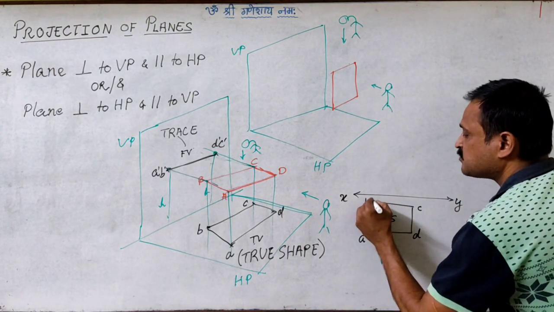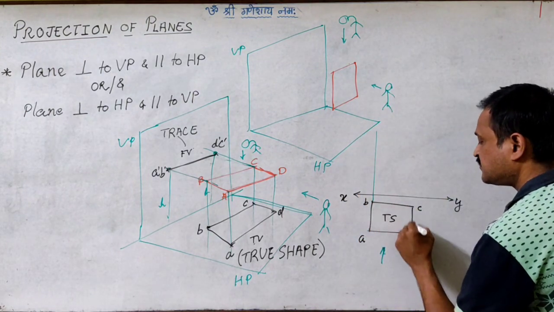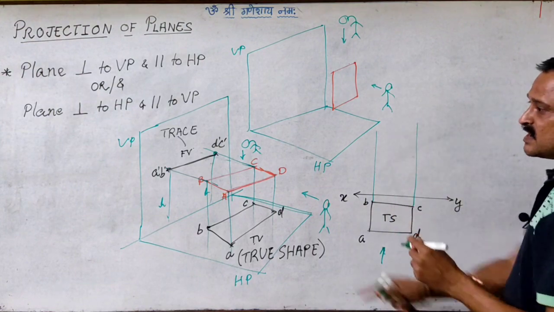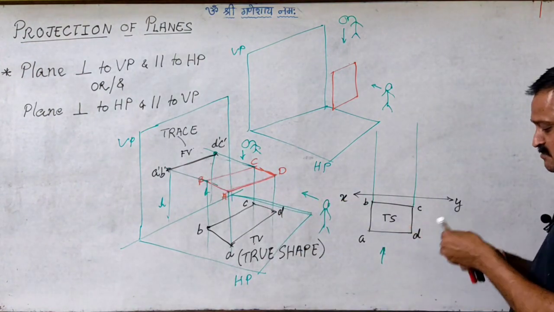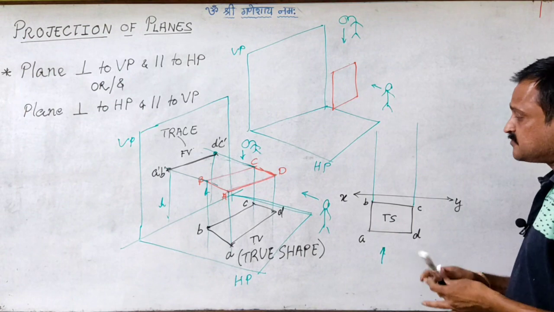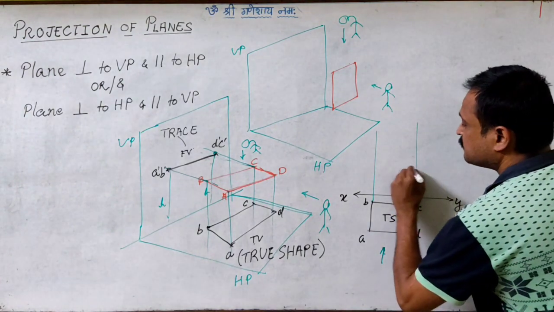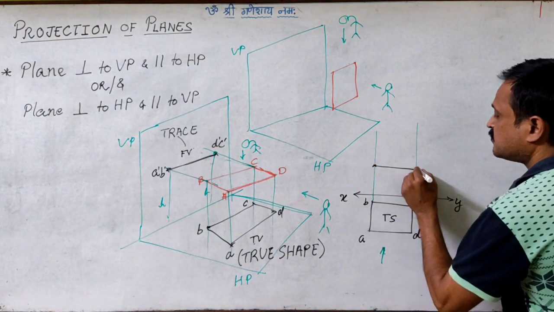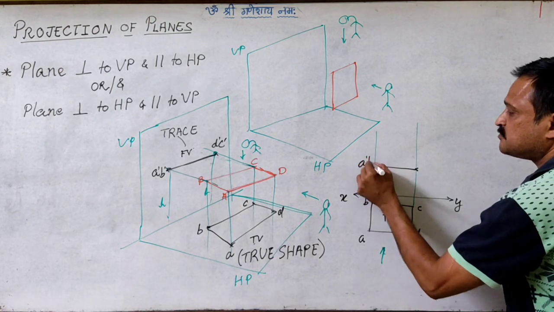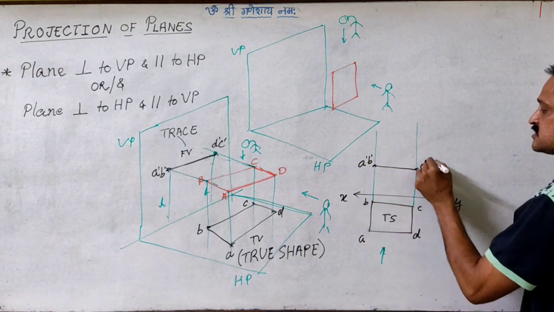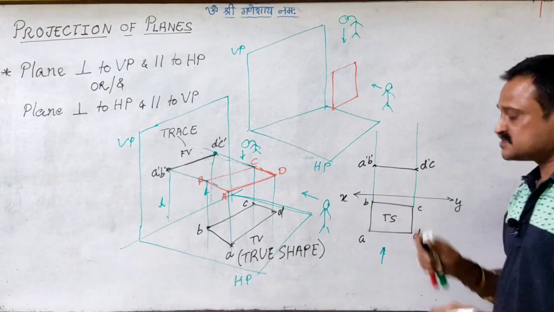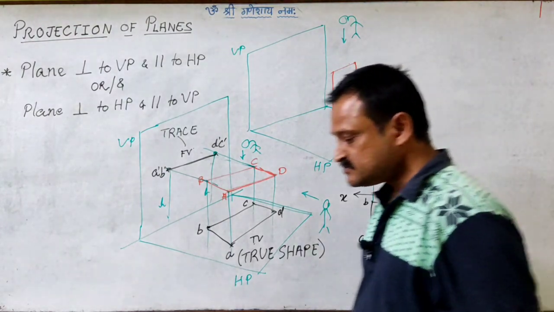Projector of A, projector of B, projector of C, projector of D. A, B, C, D will have the same height. So I get the front view image of this plane as A dash, B dash and D dash, C dash. So this is the orthographic condition.